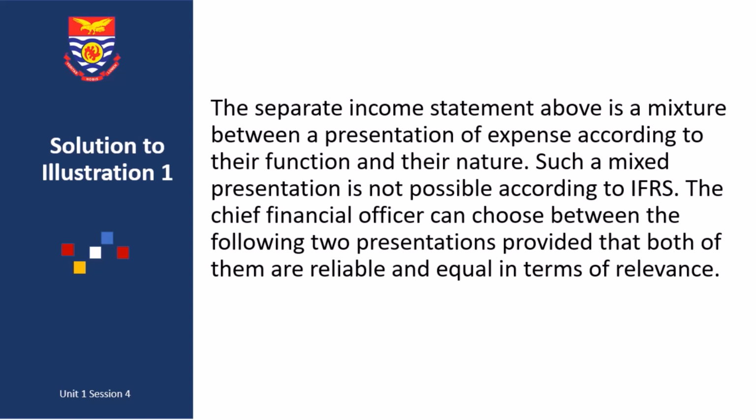Then we have depreciation and amortization: 3,000 going for cost of sales, 1,000 administrative expenses, and 1,000 going for distributive expenses, giving us a total expense of 5,000 for depreciation and amortization.